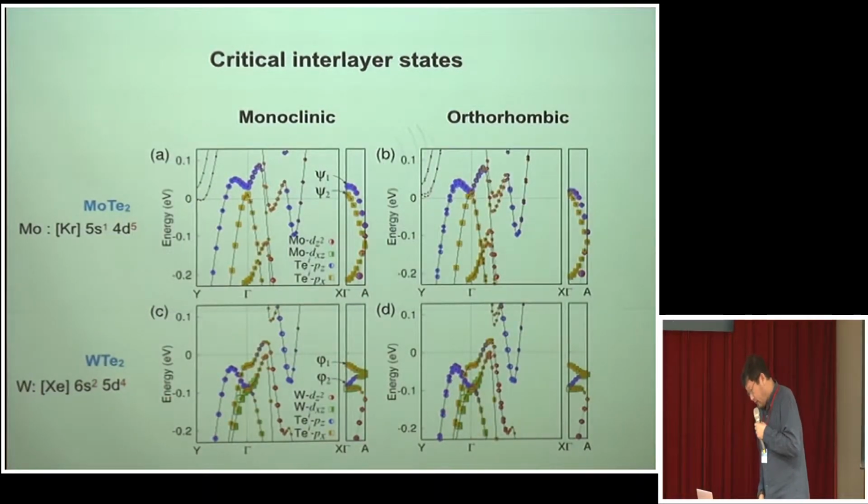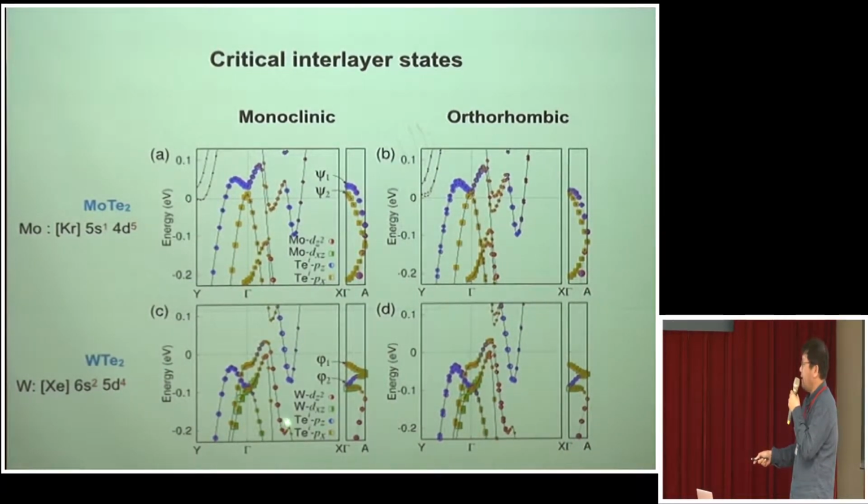And why is there a difference between molybdenum and tungsten? The reason is that, as you can see, this is the intralayer energy dispersion for molybdenum and tungsten, and gamma-A is the out-of-plane direction. You can see that molybdenum ditelluride has a partially filled out-of-plane direction, and tungsten ditelluride is actually all filled.